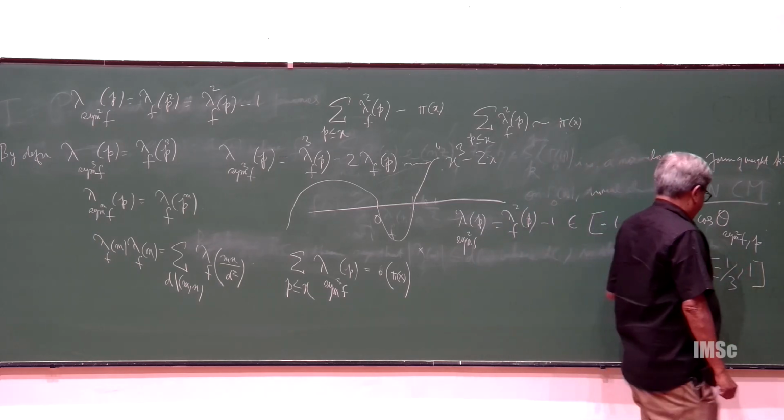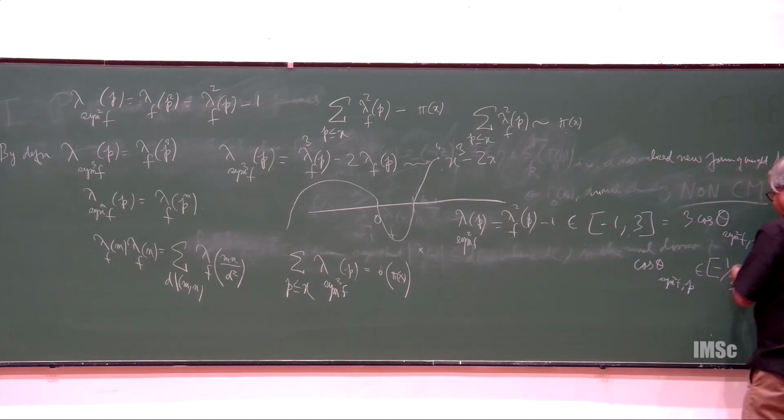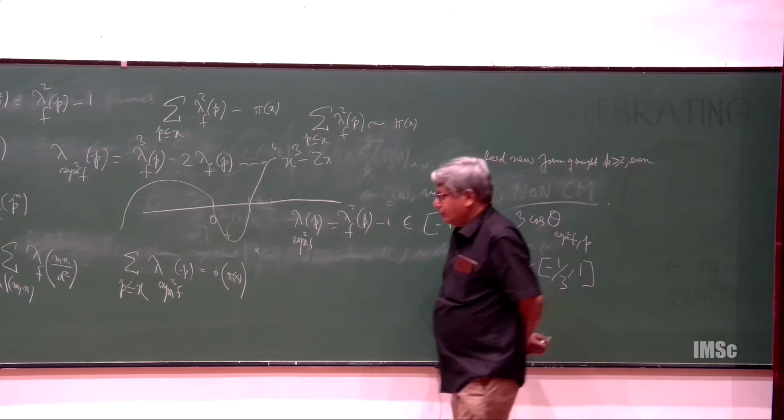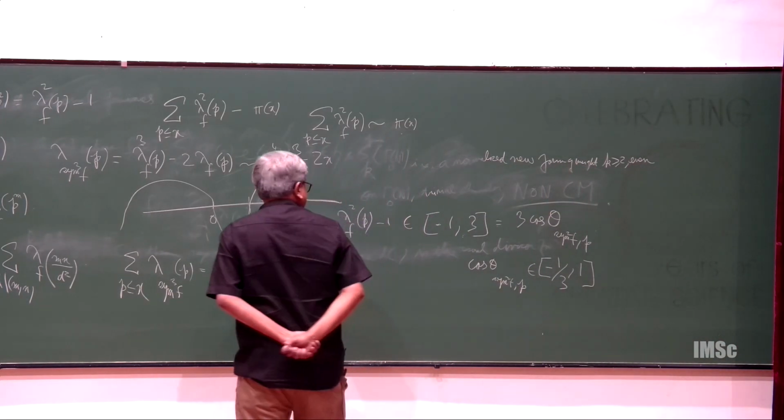So you take the inverse cos, this gives you 0, this gives you some pi by 2 plus maybe 20 degrees or something. And then you compute the measure.